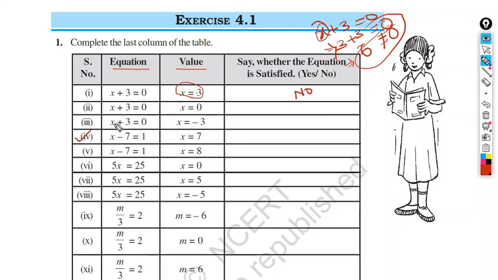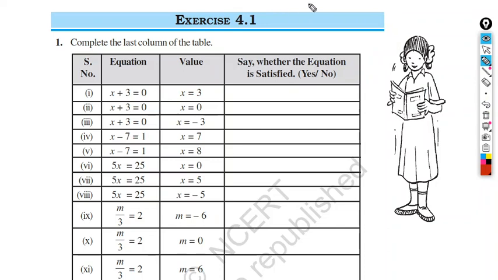Let's move to IV. x minus 7 equal to 1. So the equation is x minus 7 equal to 1. We'll write it here. It is given that x equal to 7.